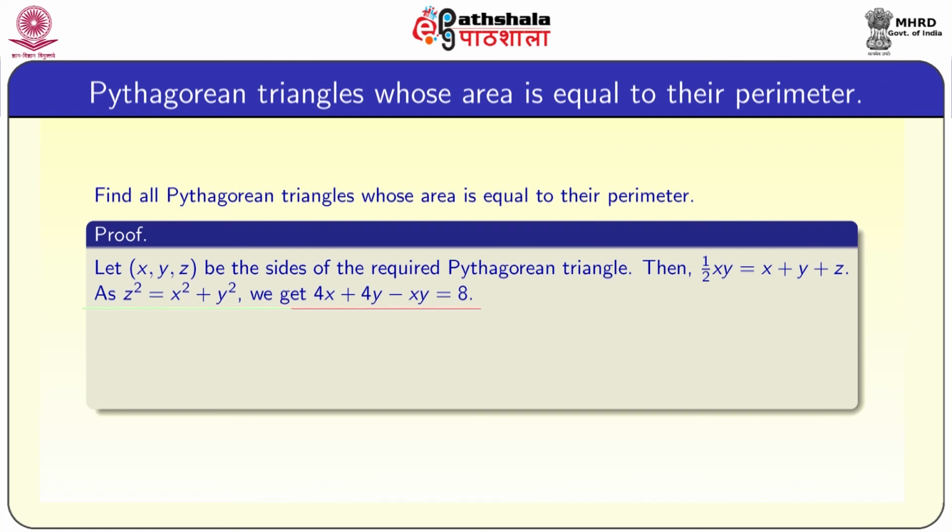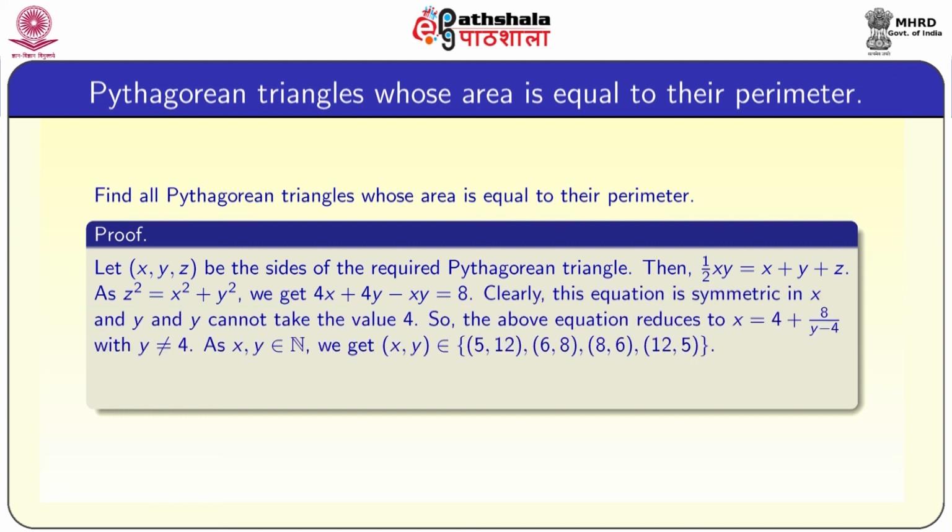We will get that 4x plus 4y minus xy is equal to 8 by substituting this in that equation. Clearly, this equation is symmetric in x and y and y cannot take the value 4. So, the above equation reduces to x equal to 4 plus 8 by y minus 4, with y not equal to 4.